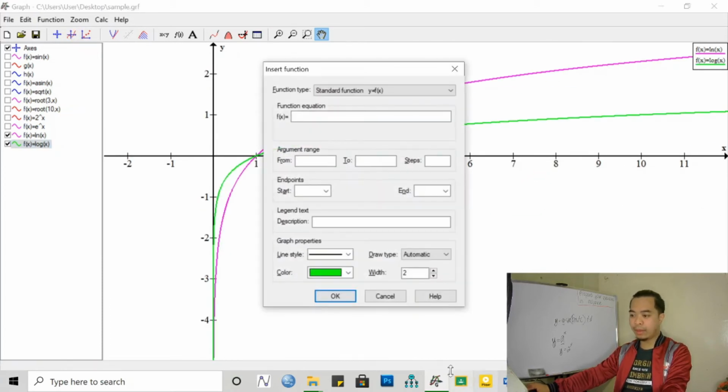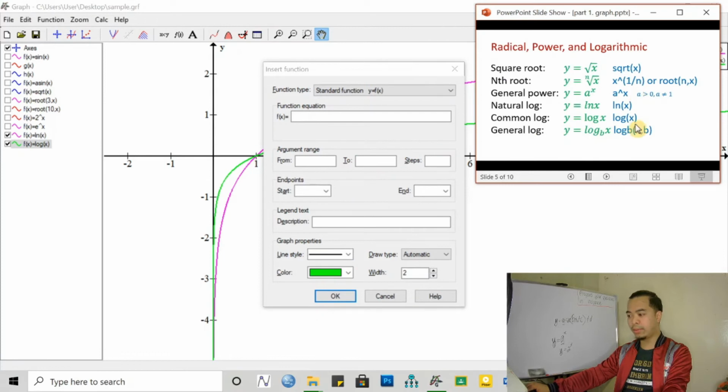And then how about if we want to graph a general one? So the base is not Euler's constant nor 10. So we want another base. The command is log b x comma b. We do not actually change the first b here. It's part of the command.